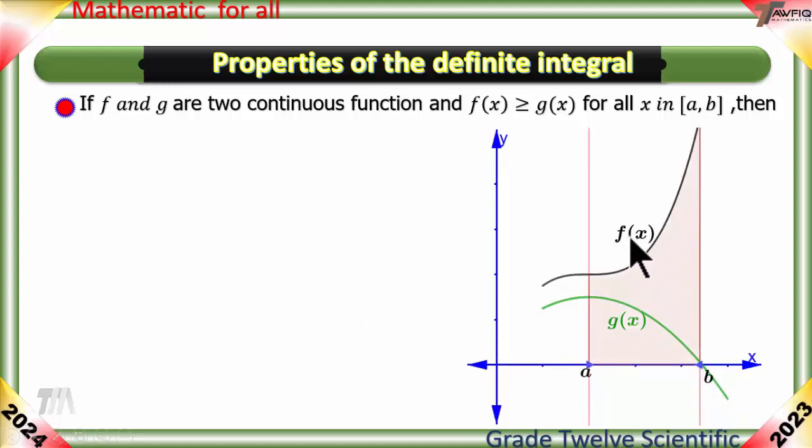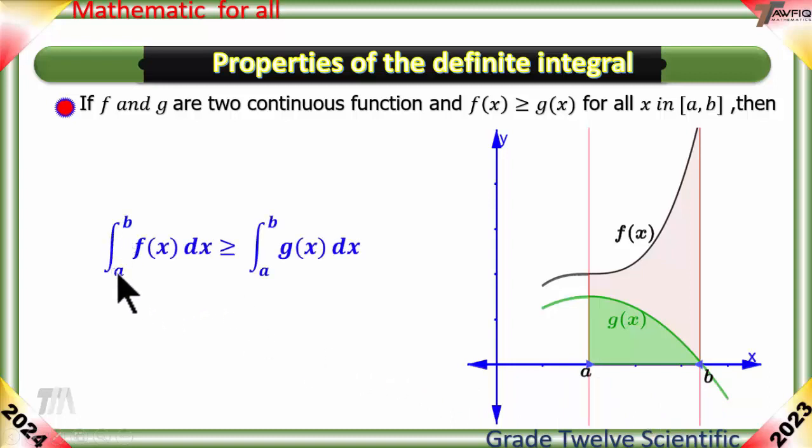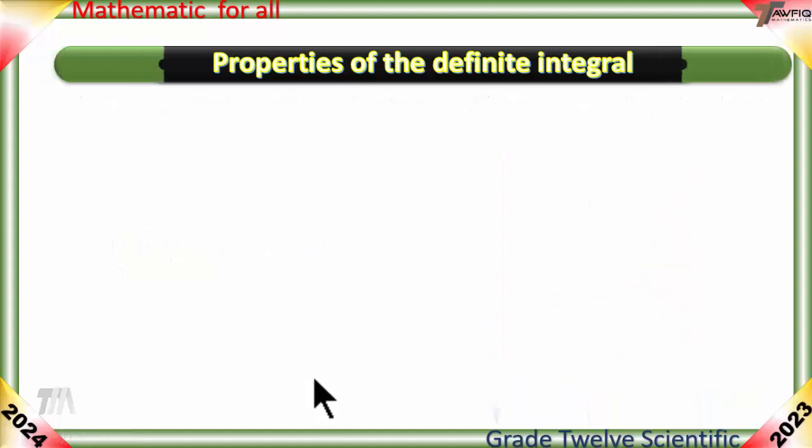That means the area bounded by f(x) and the x-axis on the interval [a, b] is bigger than the area between g(x) and the x-axis on the interval [a, b]. So the integral from a to b of f(x) dx is bigger than or equal to the integral from a to b of g(x) dx.